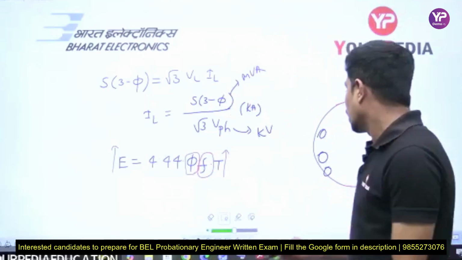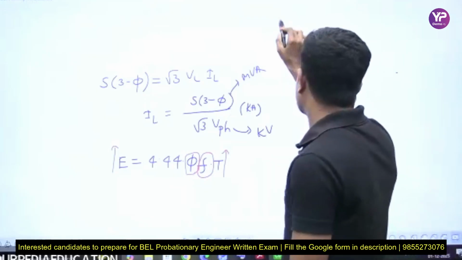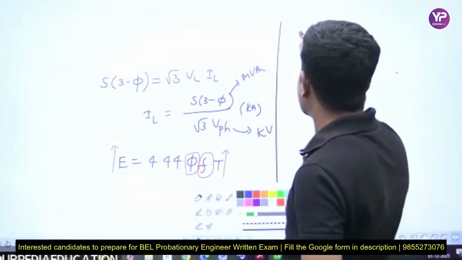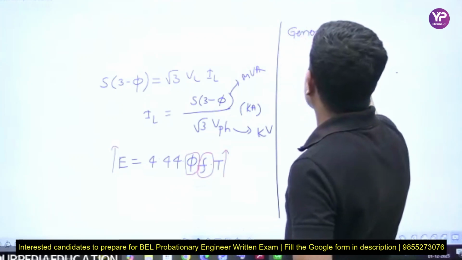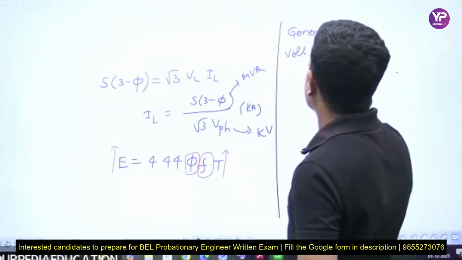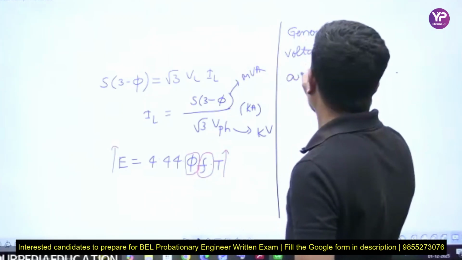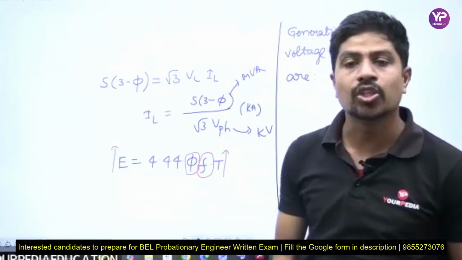So that's why our generation voltage levels are limited. A question can be given: what are the generation voltage levels, or which of the following is not a generation voltage?